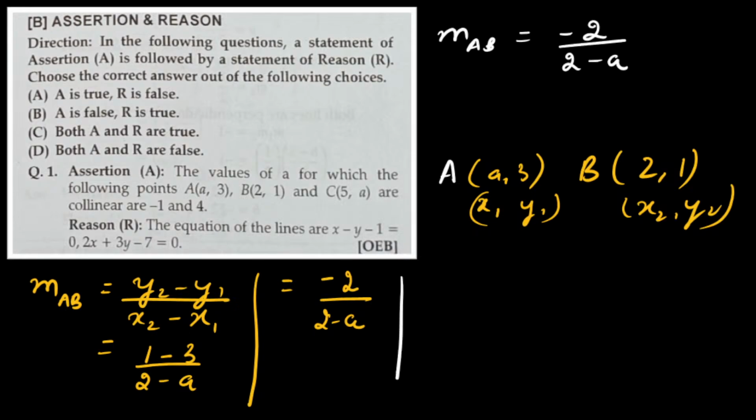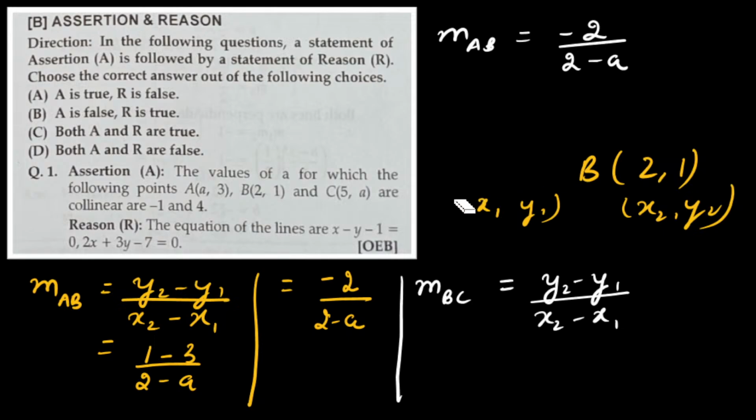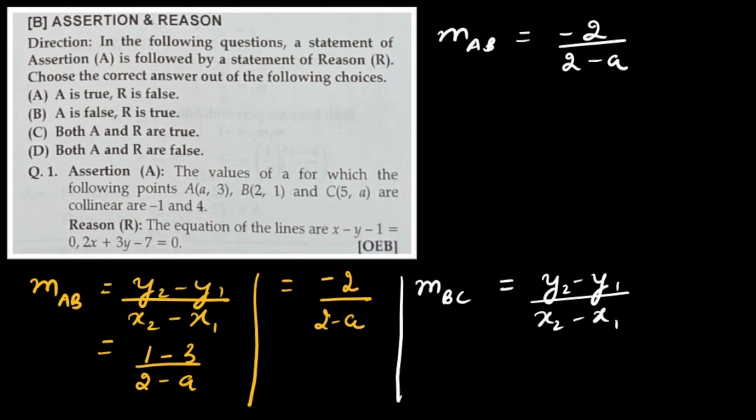Now let me find the slope of BC. When we are finding the slope of BC, we have to use the coordinates of B and C, with the same slope formula. Coordinates of B are (2, 1) and coordinates of C are (5, a).